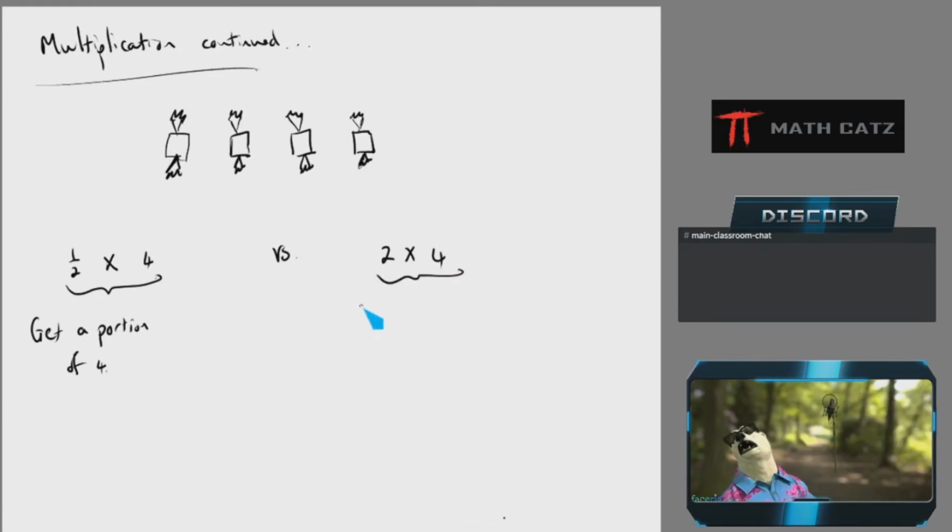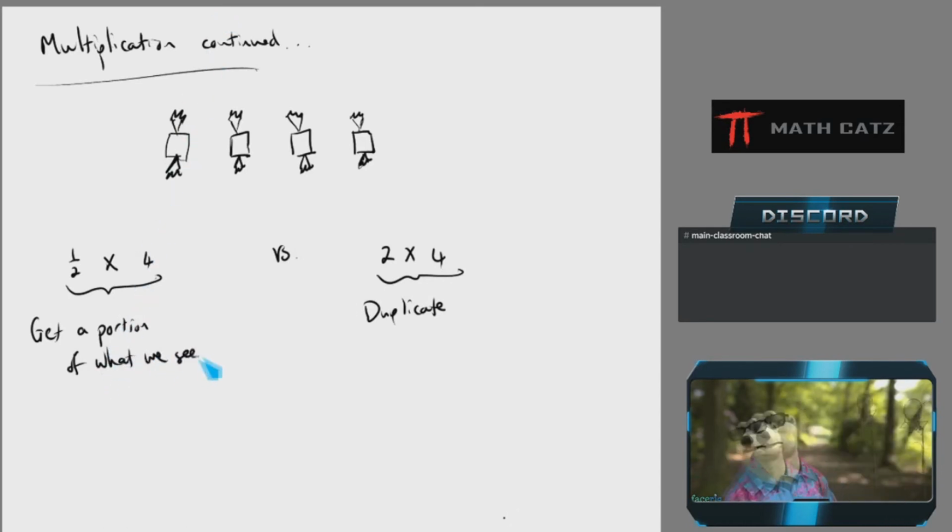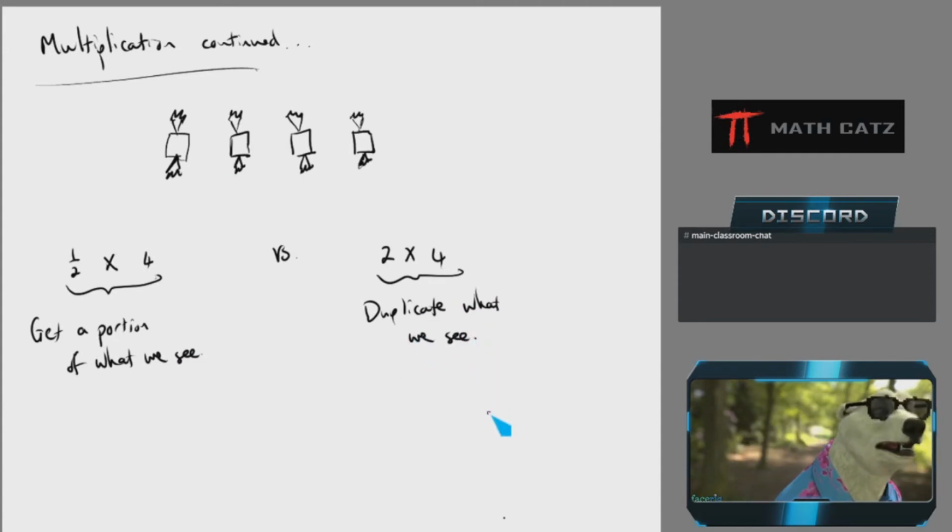The second one is I'm going to get to duplicate. Let's not say 4, let's say of what we see. Of what we see in front of us. We get a portion of it. The other one is we duplicate what we see and get to keep all of that. And hopefully there's a bag behind the table that can give me more, because you told me I'm going to get 2 times what I see, so I'm waiting.